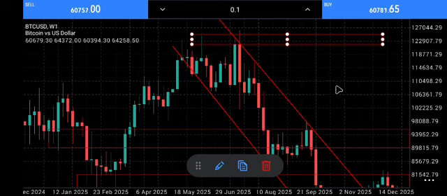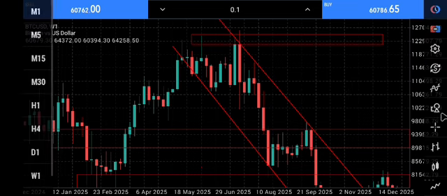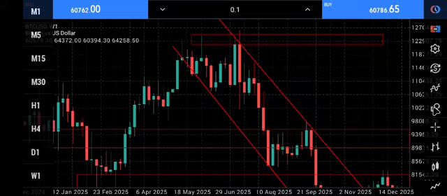So I was explaining something called the psychology behind the formation of these candlesticks, right? As you see here, we have a market that was falling.